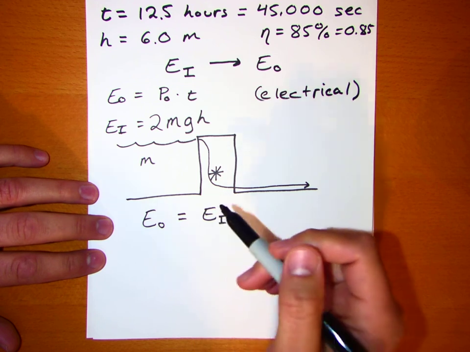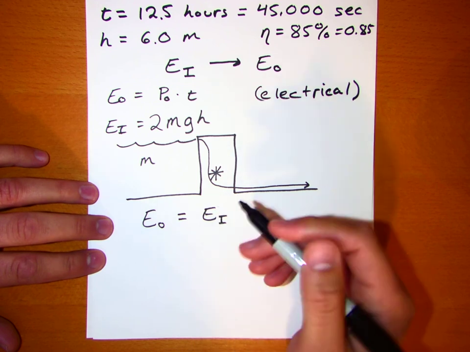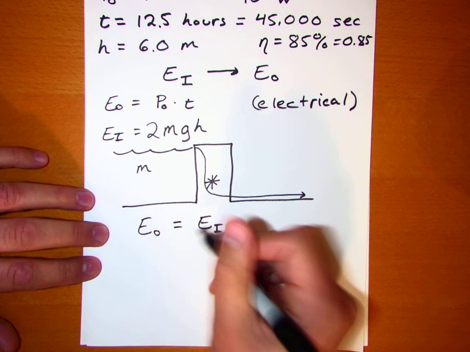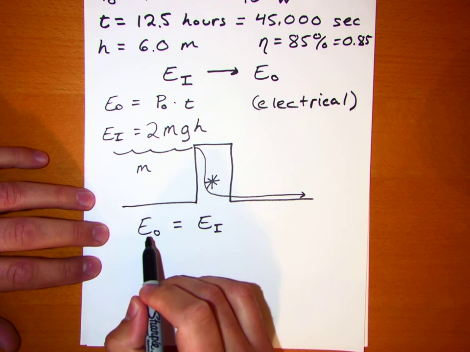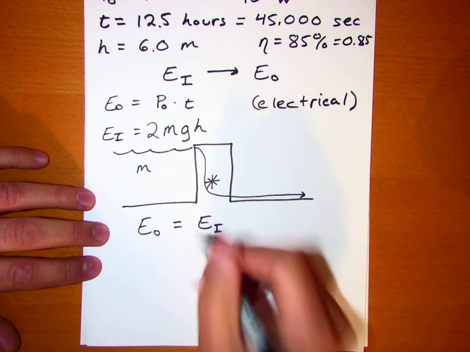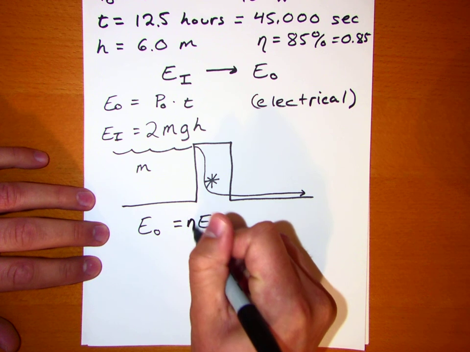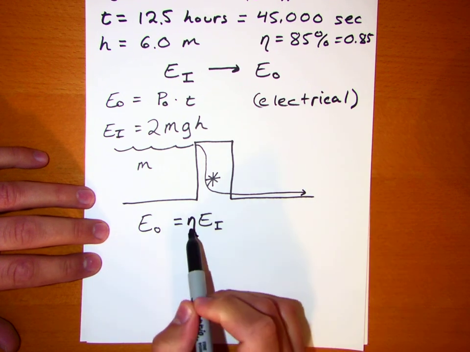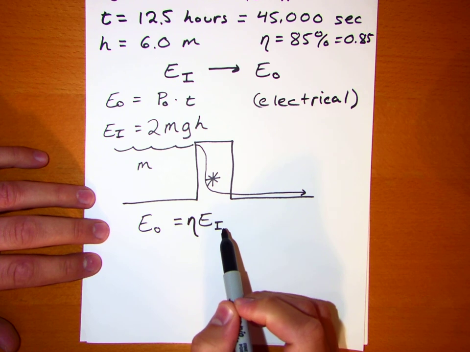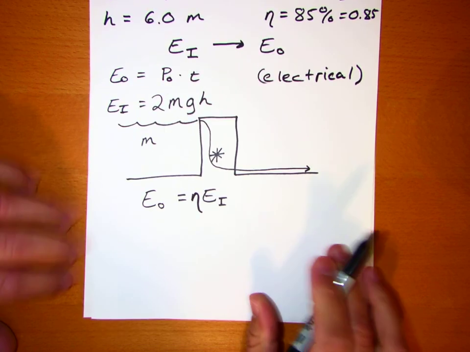So the power plant can only be so efficient, and in this case, the power plant is 85% efficient. So the energy that we get out as electricity is only going to be 85% of the energy we put into it. So the energy out is equal to eta, the efficiency, times the energy in.